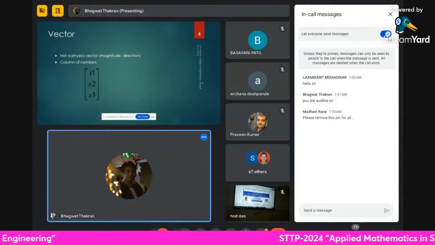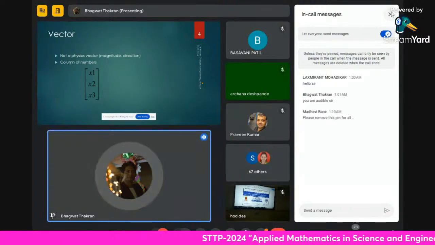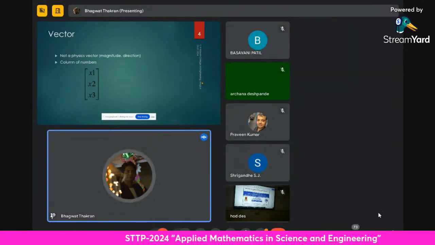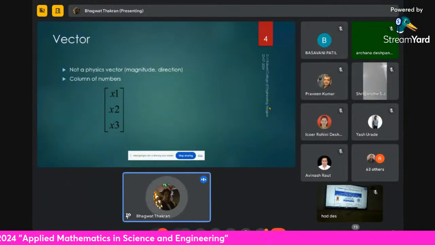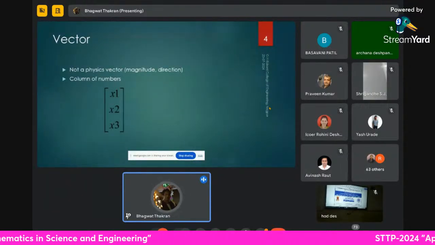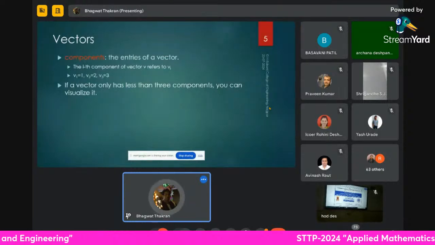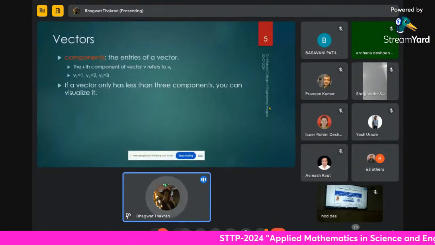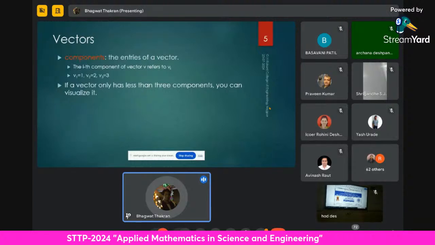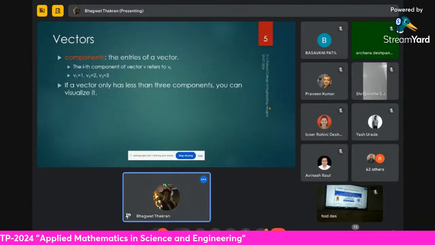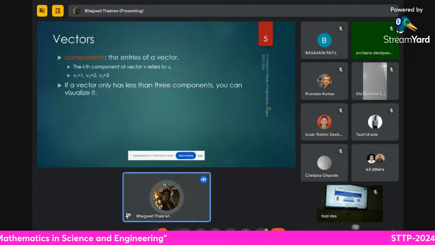So the space means this is just a coordinate of that whole set. So this represents a vector. Vectors can have more than three components.